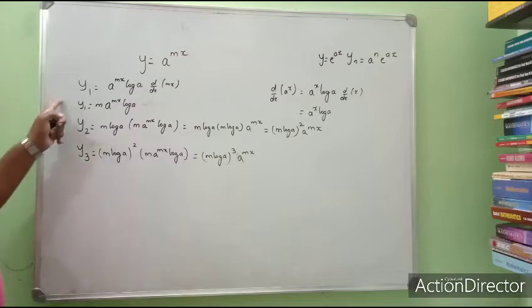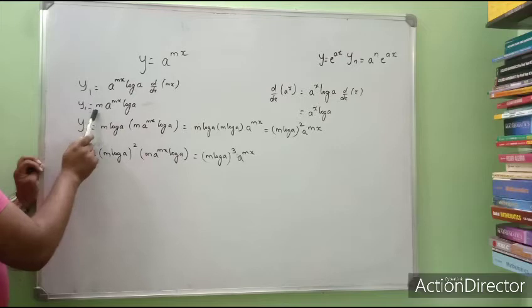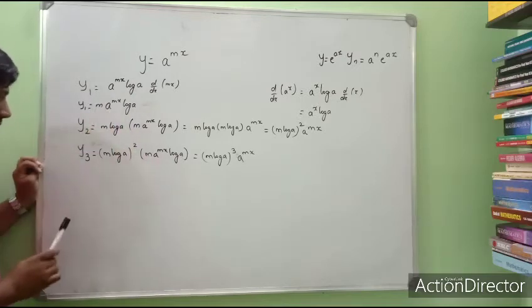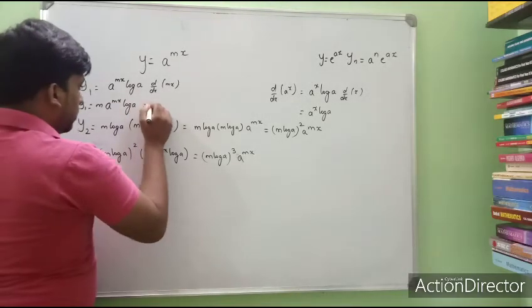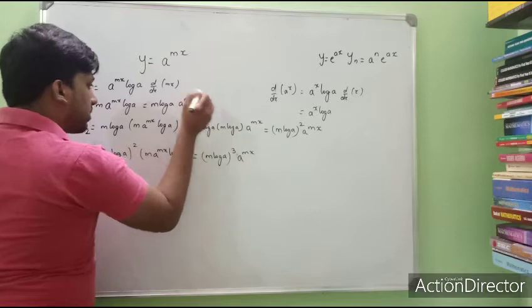So now there is a pattern here. Observe the pattern. What is the pattern here? In the first derivative, a to the power of mx gives m into a to the power of mx into log a, which I can write as m log a into a to the power of mx.